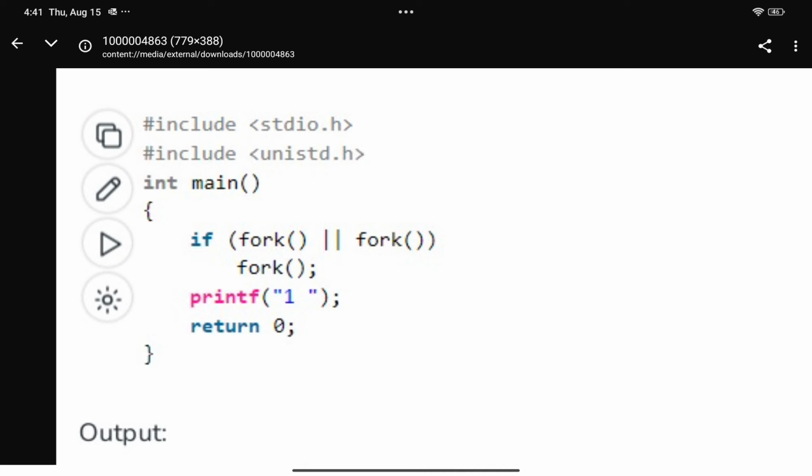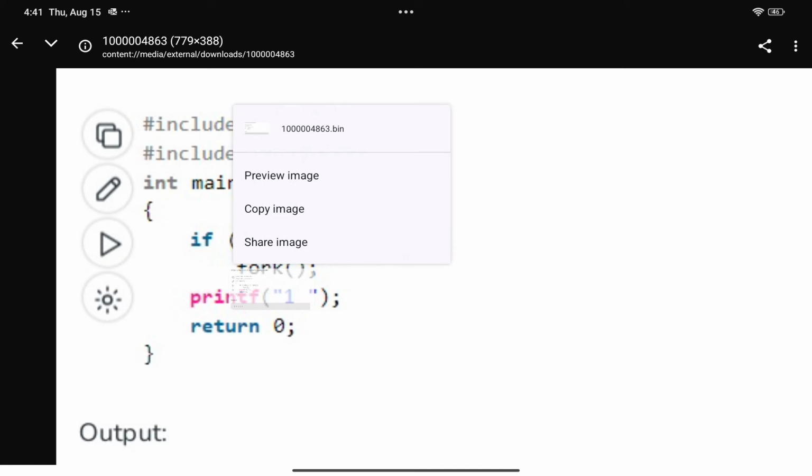Fork is creating one child process. Now, fork or fork: this 'or' means either 1 0 will execute, or 0 1 will execute, or 1 1 will execute, but 0 0 will not execute. If there is 1 0, then it will call the fork.